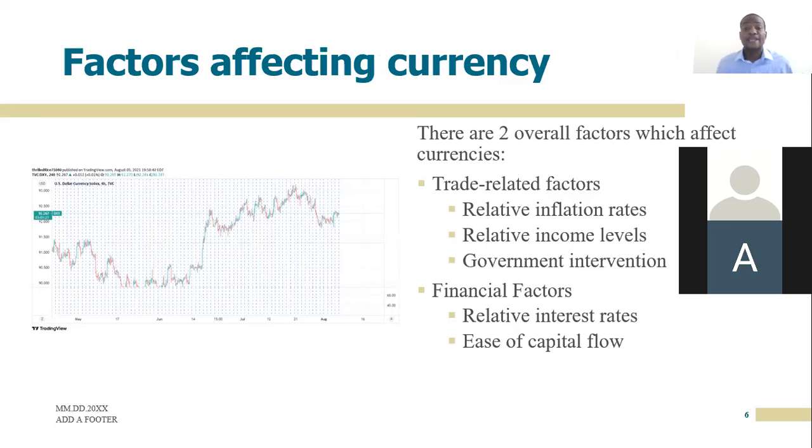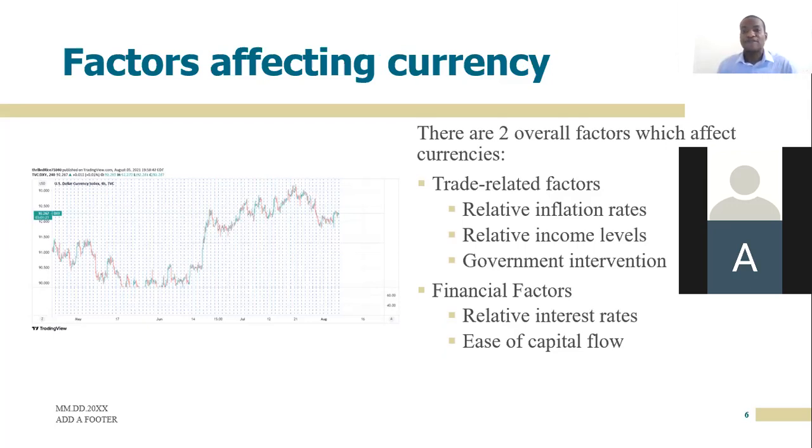So we're going to talk about the factors that impact the currency, right? There are two overall things. One is trade-related factors and the other one is financial-related factors, right?